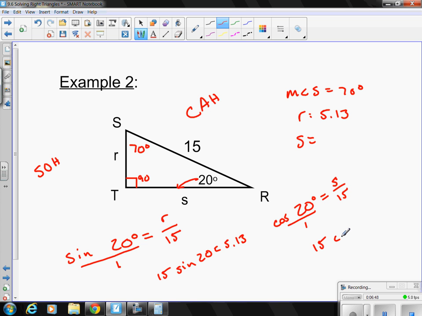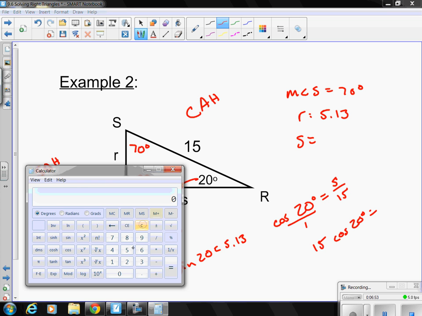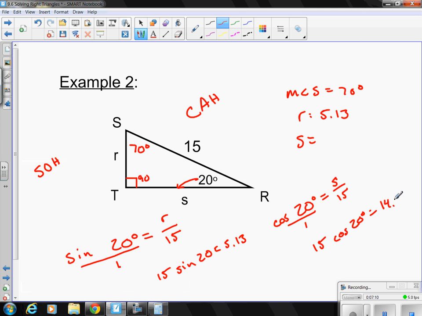I want to know what 15 times the cosine of 20 degrees is this time. So 20 degrees cosine times that by 15. I get 14.1. Okay, those are the three missing parts. I had 3 to start. I filled in the other 3.